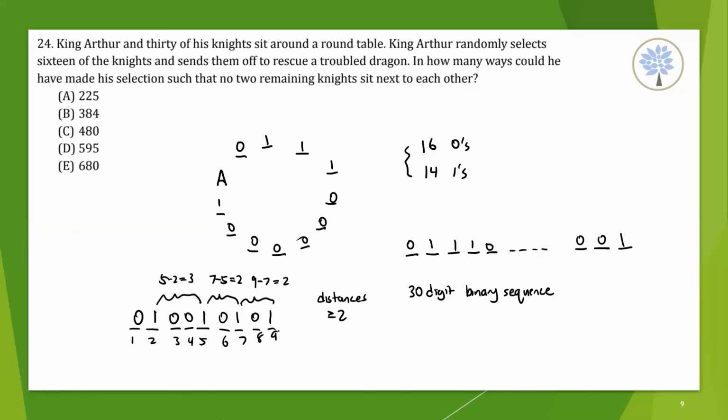And we're going to consider 2 more distances, other than the distances between each pair of neighboring ones. The other difference we're going to consider is the distance between the first one and the slot 1. So what this means is if the first one is in the slot 2, then our distance between our first one and the beginning of the sequence is going to be 2 minus 1, which is equal to 1.